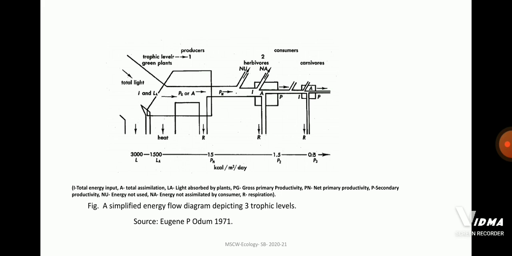As we know, the first law of thermodynamics states that energy can neither be created nor destroyed, but can simply change from one form to another. The first law can be seen operating in the living system when we study energy flow.